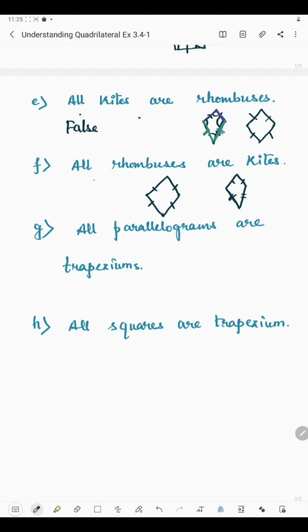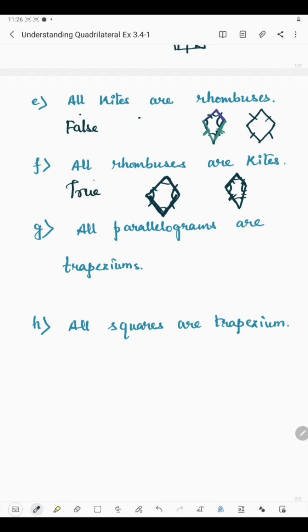In a kite, opposite angles are equal, and in a rhombus, opposite angles are equal. And in a kite, consecutive sides are of equal length. Here also these two have equal length, and these have equal length. Okay. Since all rhombuses have the properties of kites, we can say that all rhombuses are kites. So this statement is true.